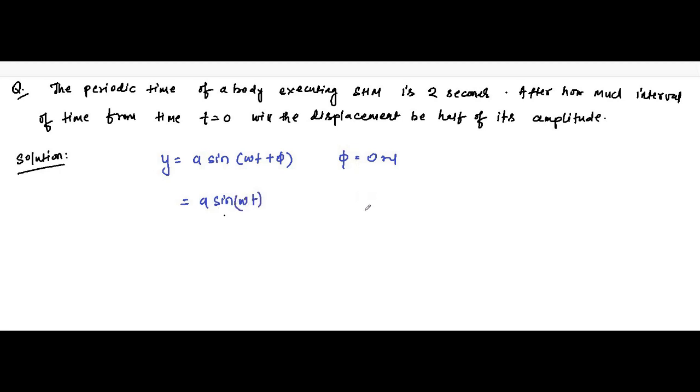Now, given that the time period is equal to 2 seconds, we know angular frequency is equal to 2 pi f, where f is the frequency in hertz or second inverse, which is equal to 2 pi by T, because f is equal to 1 by T. So if we put the value of the time period, T is equal to 2 seconds, we will get angular frequency equal to 2 pi by 2, that is equal to pi radians per second.